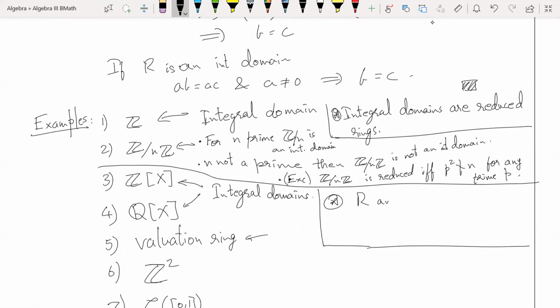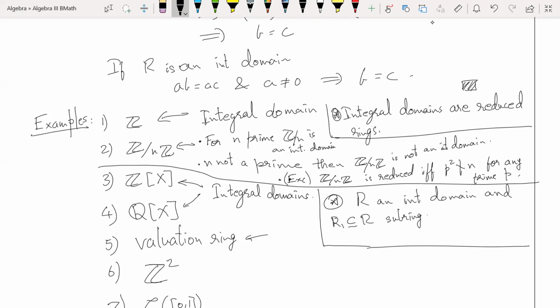R an integral domain, and R1 a subring of R. Subring here means it has to contain the multiplicative identity of R, so in a strong sense, it is a ring with unity and so on.